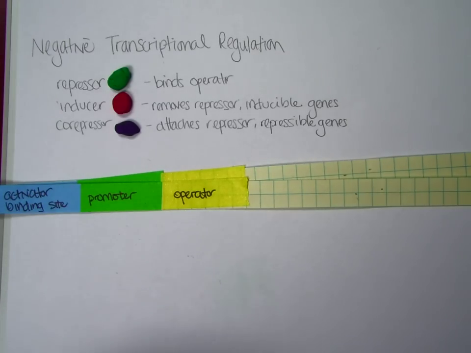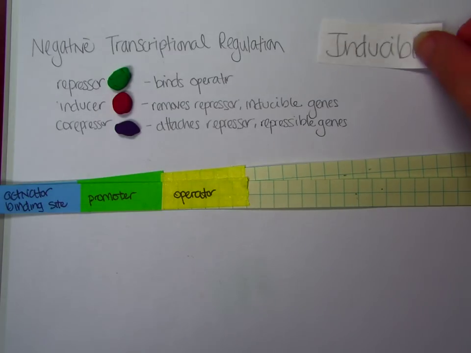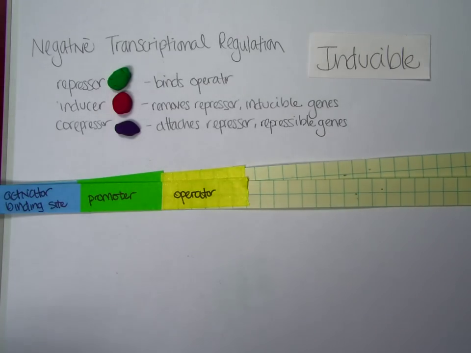There are two types of genes that we've talked about, inducible genes and repressible genes. The first type is inducible genes. Inducible genes are genes that encode catabolic enzymes. So we are not going to need to make these genes normally. We only need to express these genes and make these enzymes when we encounter the specific nutrient that we need to catabolize.